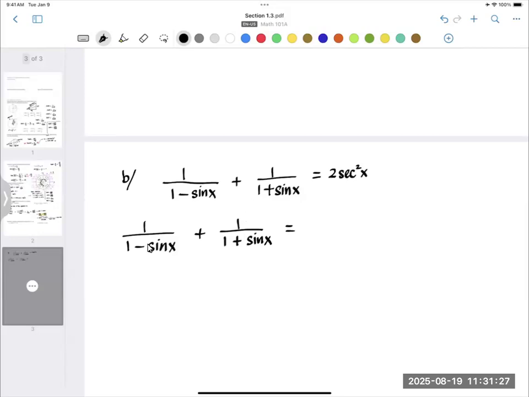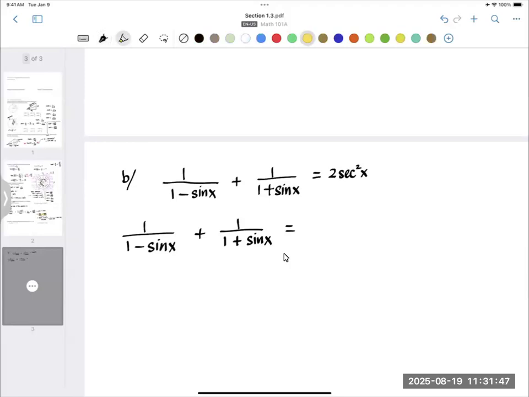Now, you notice that on the left-hand side, the identity is written in fraction form, and there are two fractions. Whenever you see multiple fractions, the first thing we may want to think of is to simplify the fraction. So combine these two, combine the fractions first.